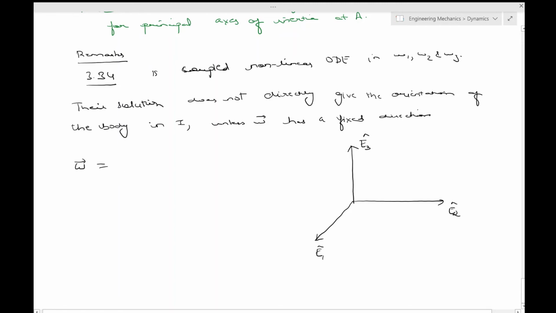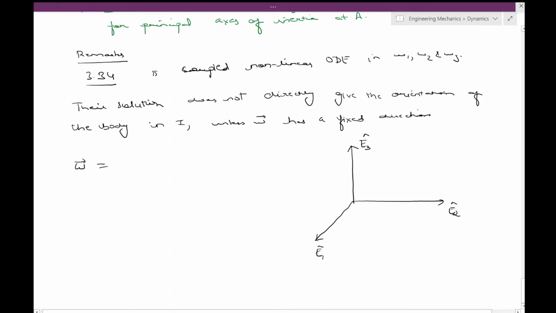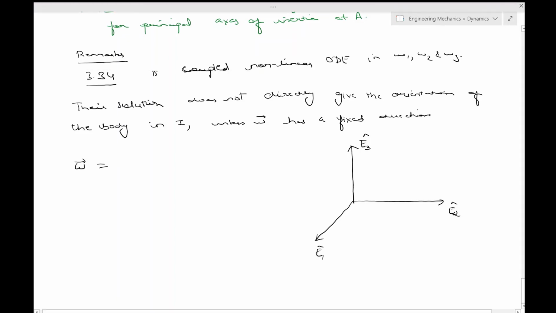I'll show what the angle theta is. Let me just write that first. So use a different color, e1, e2 and e3.